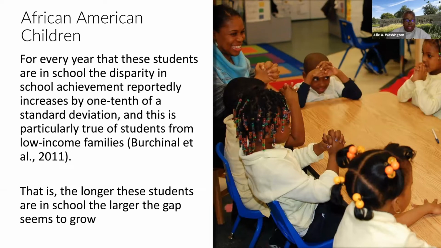And in fact, Peg Burchinal in 2011 in a study found that for every year that African American students were in school, the gap actually grows. The disparity or the difference between them and their middle income white and Asian peers seems to grow larger. And so the question is why?